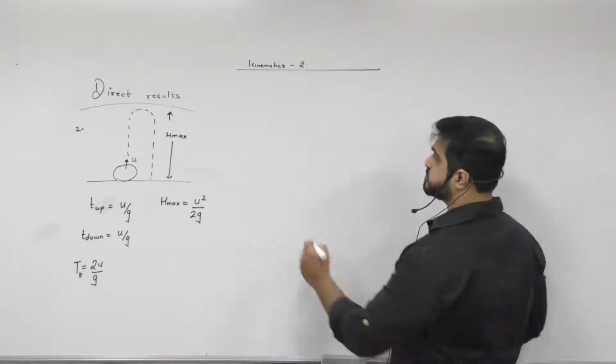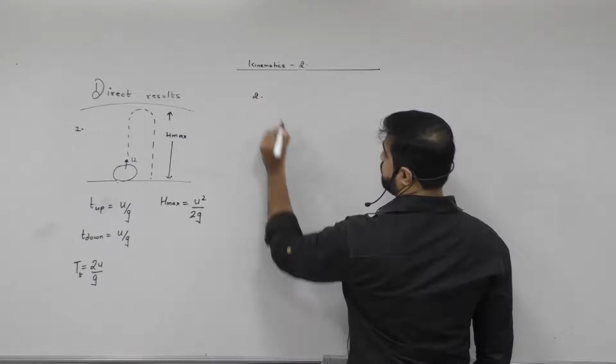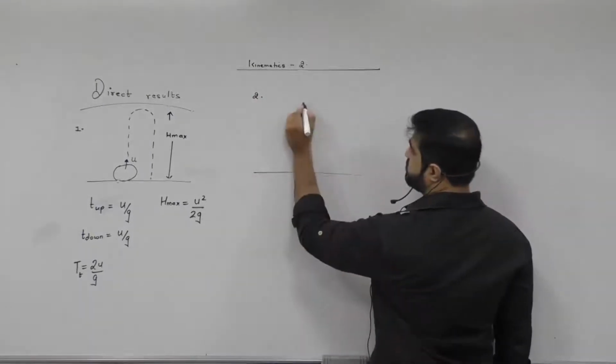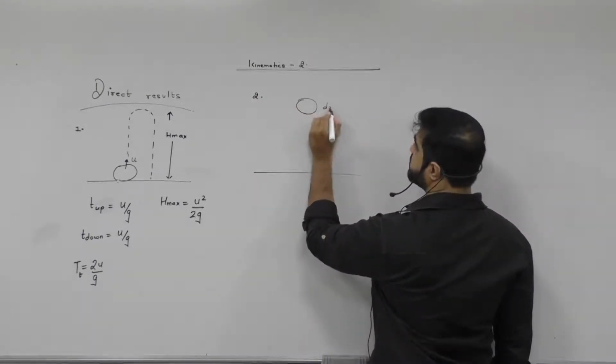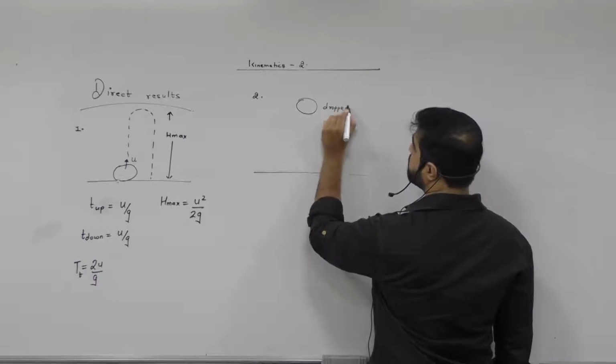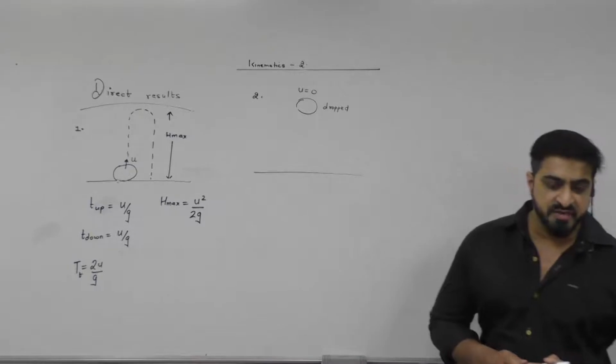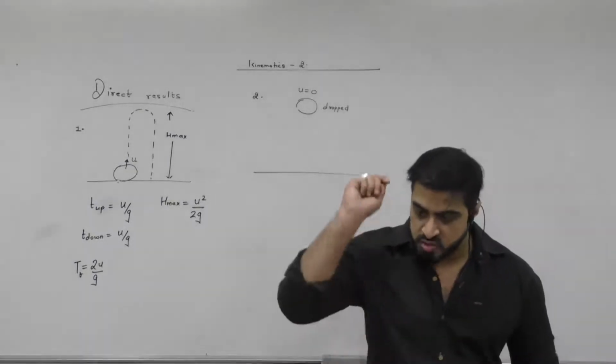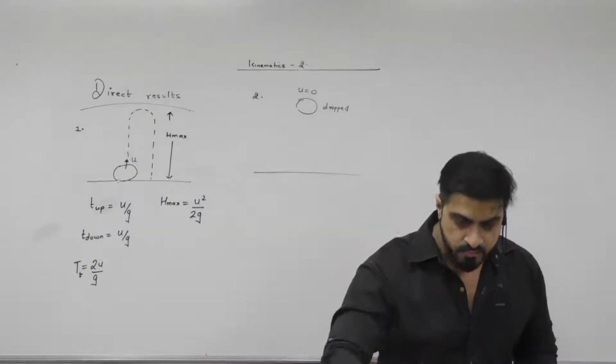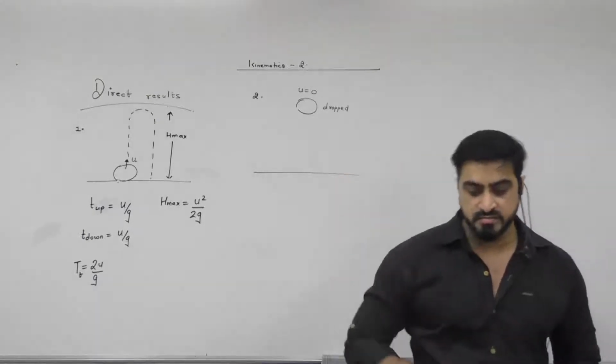Second, if I tell you the ball over here is dropped, drop means its u was 0. There's a difference between drop and throw. Throw means you have to throw with some velocity, and drop means you are just dropping it.